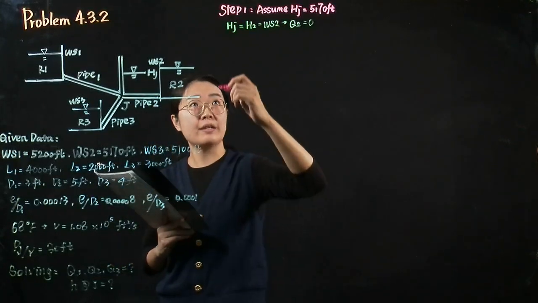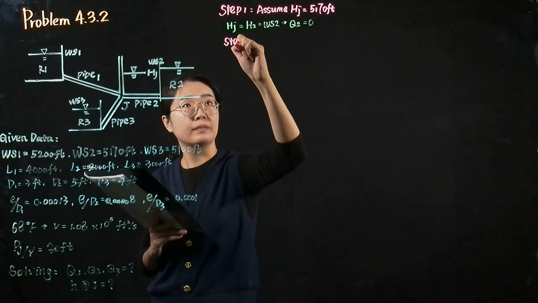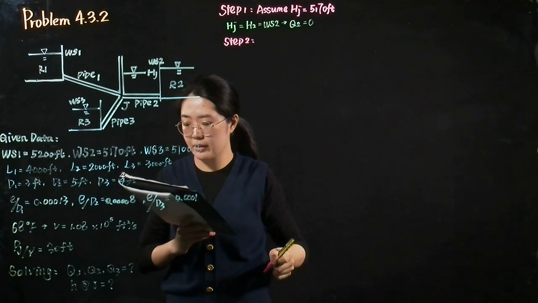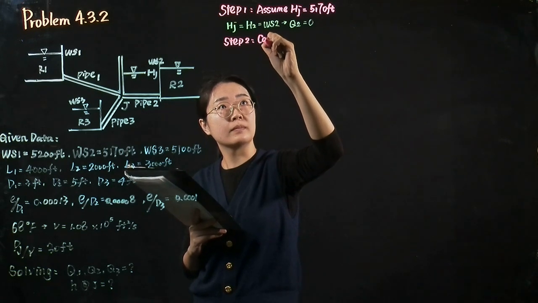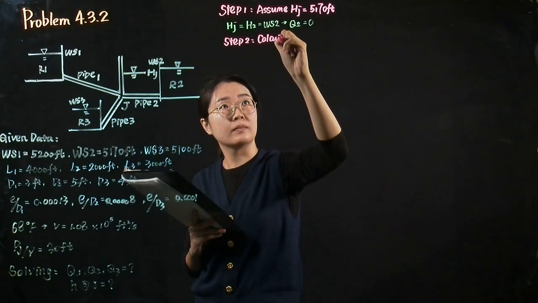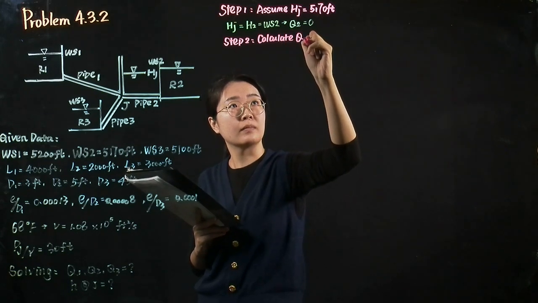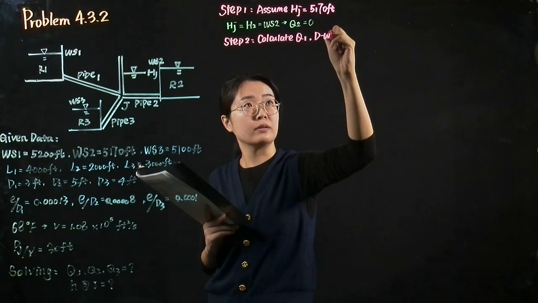Then the next step is to calculate Q1 by using the Darcy-Weisbach equation.